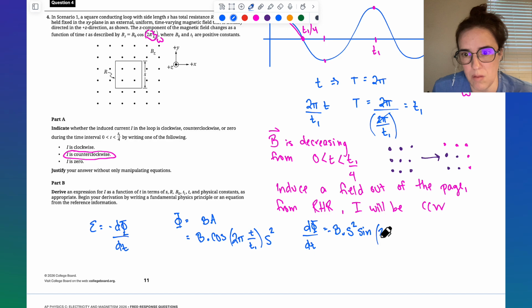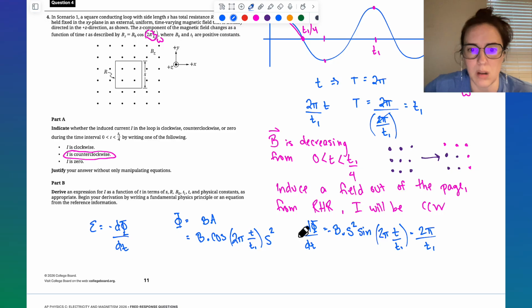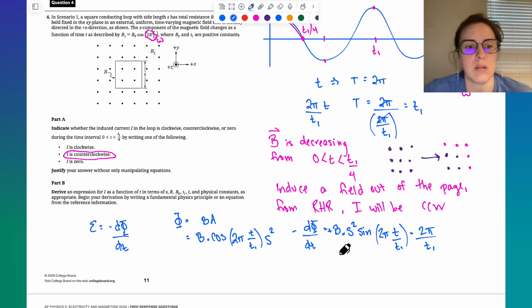Keep all the stuff, 2 pi t over t1. And then chain rule, multiply by the derivative of the guts. So that'd be 2 pi over t1. And that's negative d flux dt. So that's going to end up being positive. All right, so that's my induced EMF.